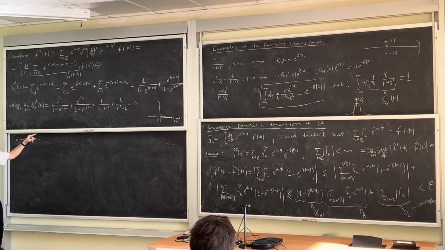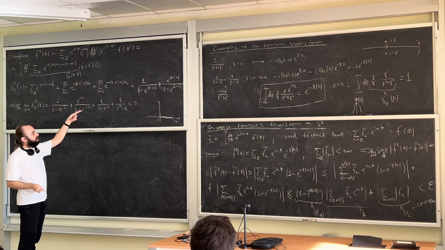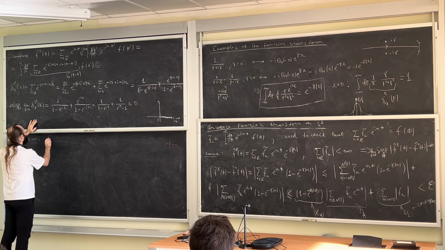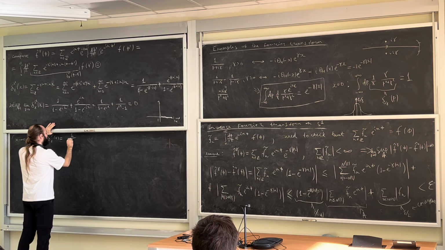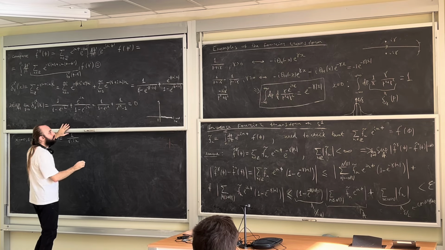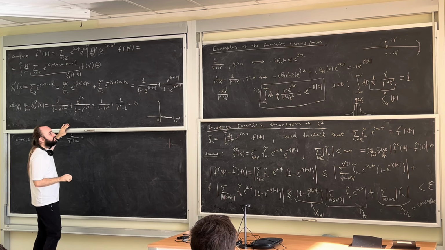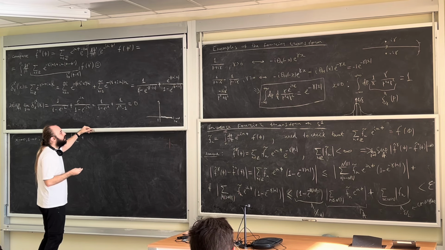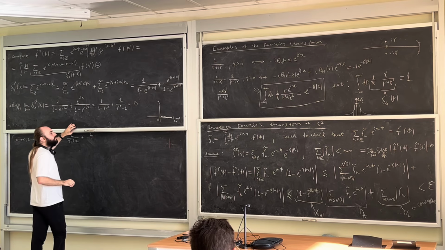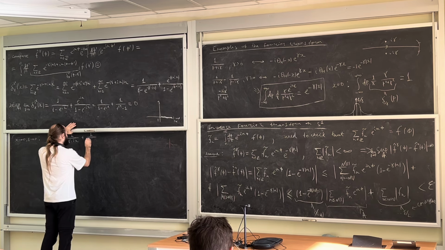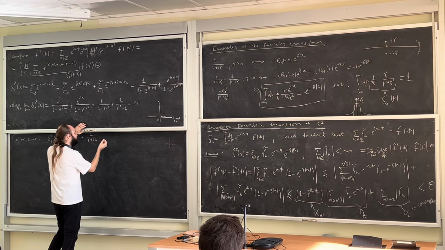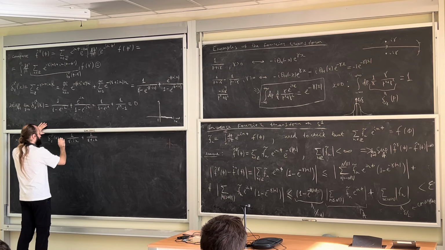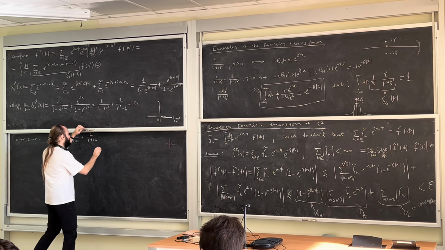Well, in this case, we can expand each exponential as a series in gamma and x. So we get 1 over gamma minus ix plus 1 over gamma plus ix. I write it like this.